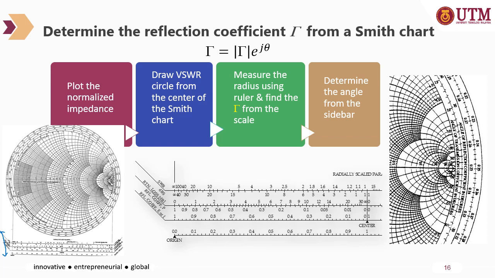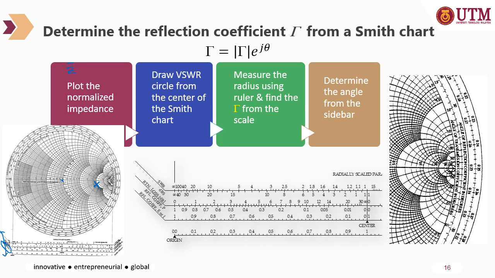You need to find the reflection coefficient scale bar. The first step is to plot the normalized impedance. So get your Z and plot it on the chart, for example here. And then draw the VSWR circle from the center. Remember the center is there.